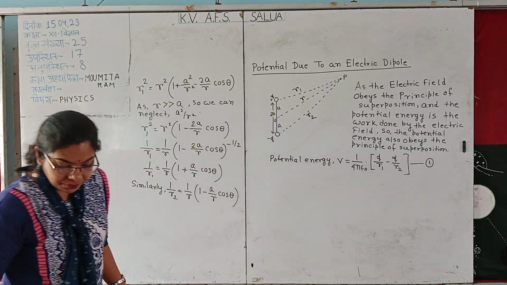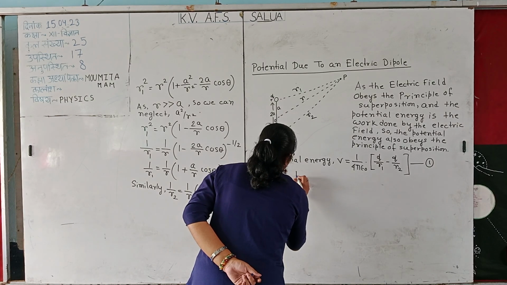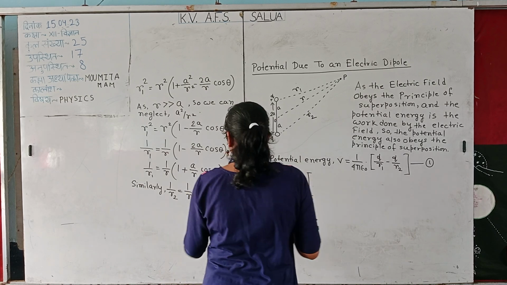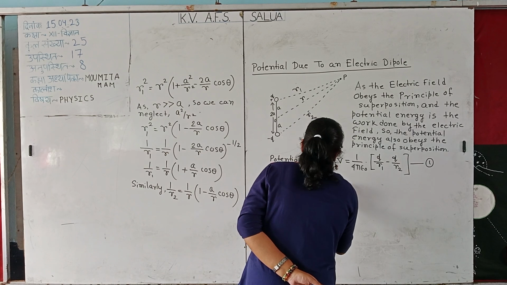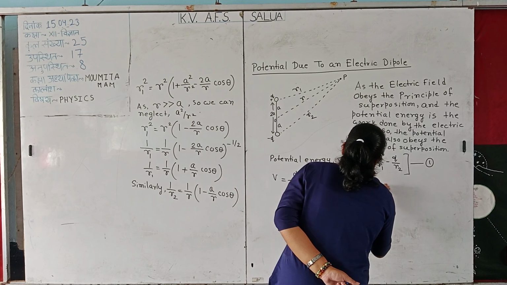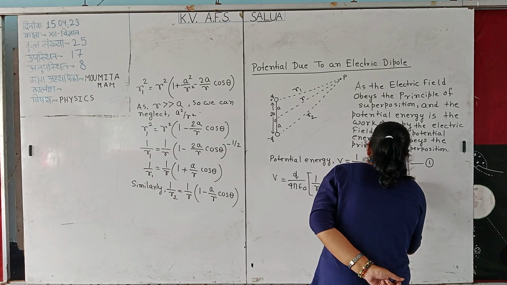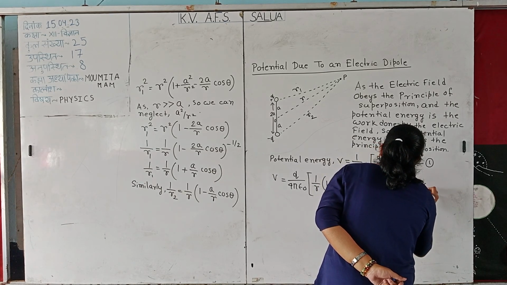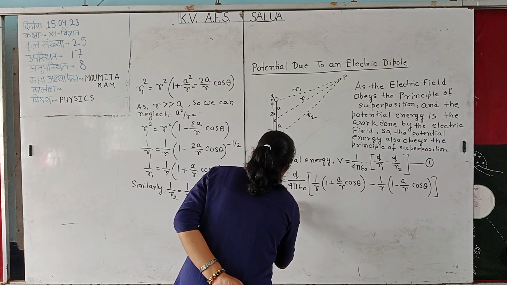Now you can write V equals q by 4 pi epsilon naught into 1 by r into 1 plus a by r cos theta, minus 1 by r into 1 minus a by r cos theta. Now please simplify it.